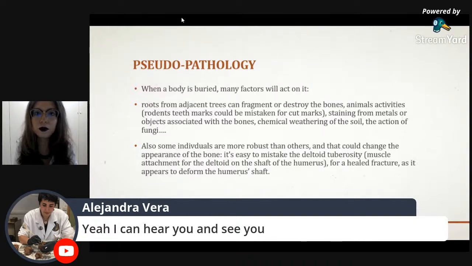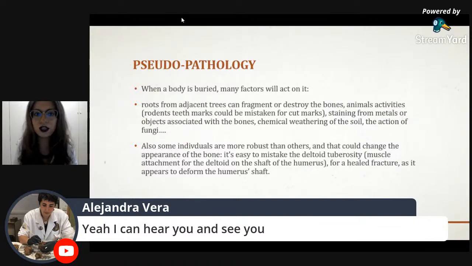But also the chemical weathering of the soil could damage and erode the bones, and so on. Also, some people, when they are still living, are more robust than others, and robust means strong in a muscular way.